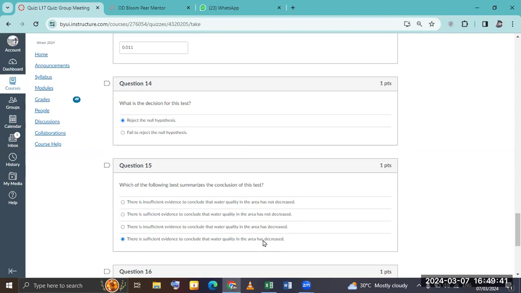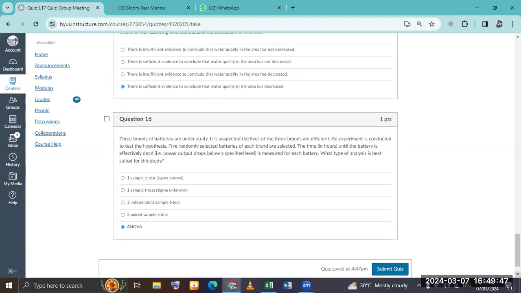Okay. So question 16 says 3 brands of batteries are under study. It is suspected the lives of the 3 brands are different. An experiment is conducted to test the hypothesis. 5 randomly selected batteries of each brand are selected. The time in hours until the battery is effectively dead, for instance, power output drops below a specified level, is measured for each battery.